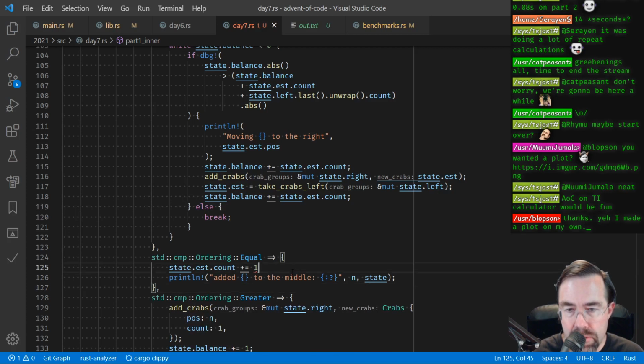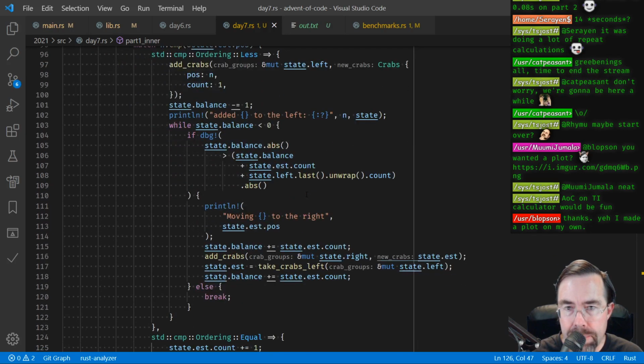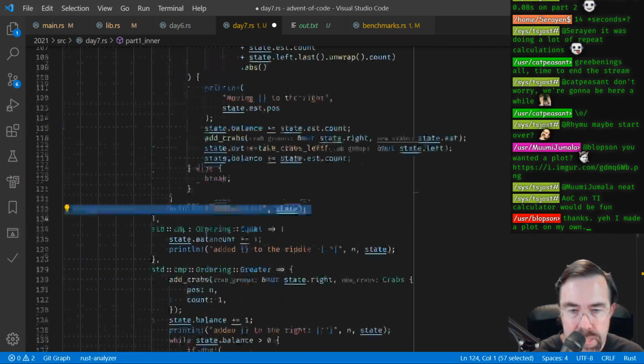That should go there. Let's just print again down here. Lots of prints.